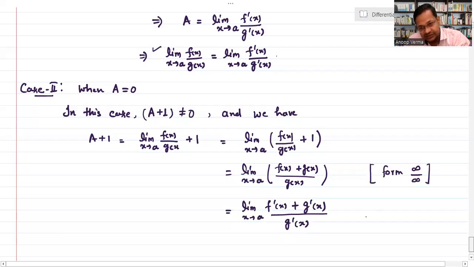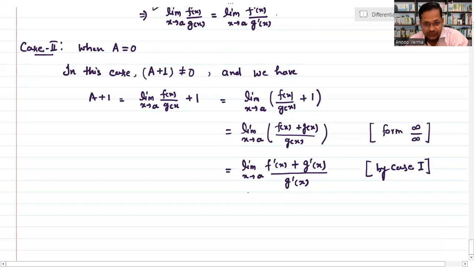And this you can say by the case first, because in the first case we have already proved that if a is a non-zero number, then you can easily apply the derivative rule, or you can say the L'Hospital rule.